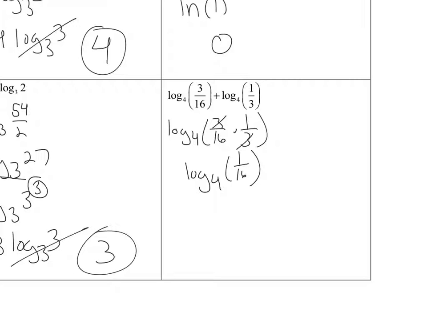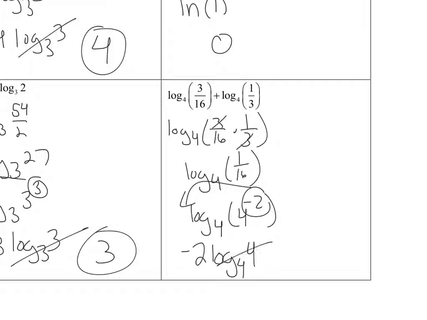Now think about this. 4 squared is 16, but see how it's 1/16? So what that means is this is 4 to the negative 2. And then bring the negative 2 down. Those cancel, you get negative 2. Okay? So here's some basic log properties. Let's keep going though.